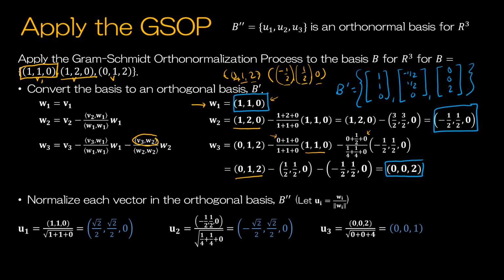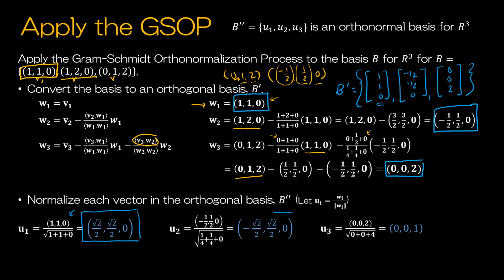Now to make it orthonormal, all we have to do is take each of those vectors and then apply the unit vector formula, which says find the length of the vector and divide by that length. So here, again, I'm taking 1, 1, 0, which is that first vector, and I'm taking 1 squared plus 1 squared plus 0 squared, so I'm taking each of those divided by the square root of 2. So that gives me the first vector, U1.